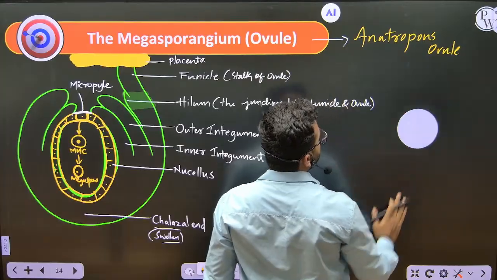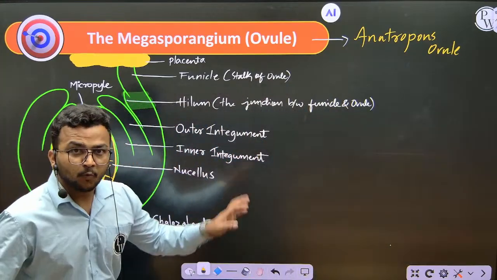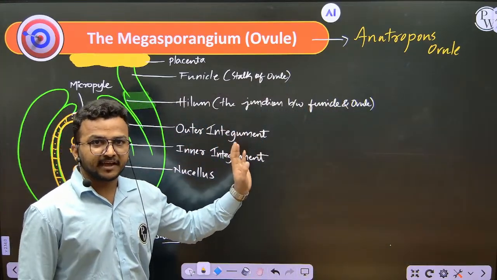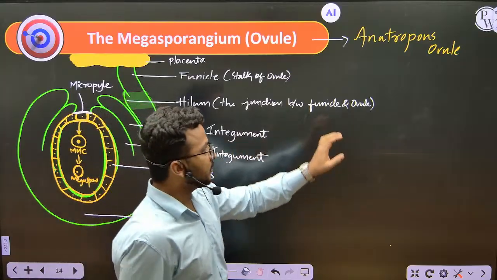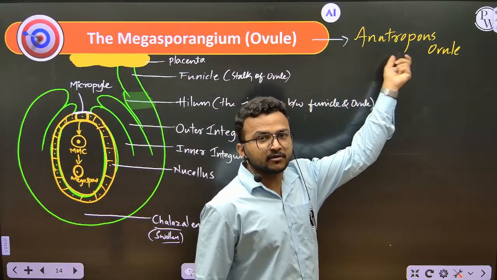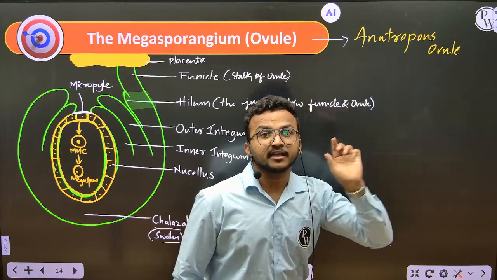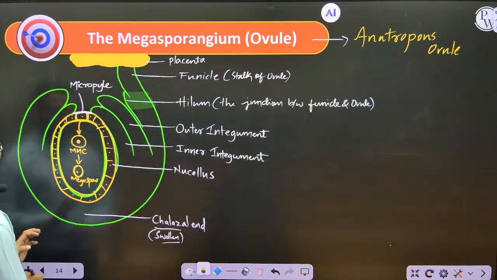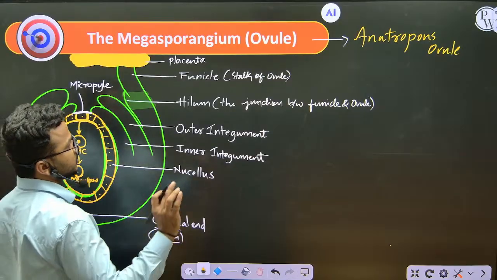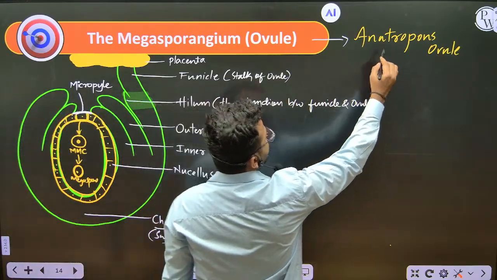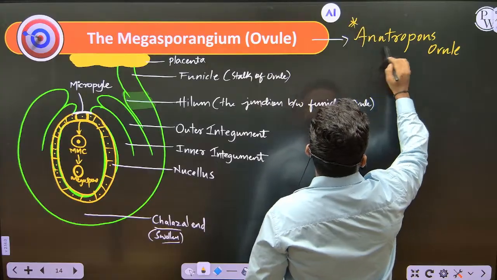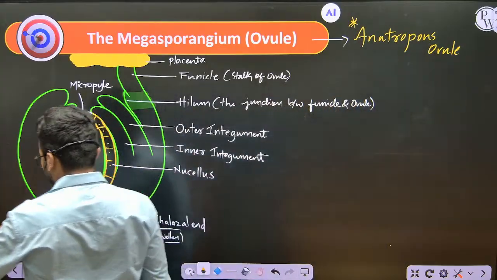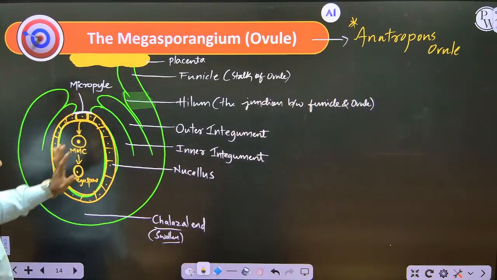The ovule given in NCERT, which we need to follow, is the anatropous ovule. There are 5 types of ovules, but no need to worry about all of them. Only remember the word anatropous ovule for our exam.